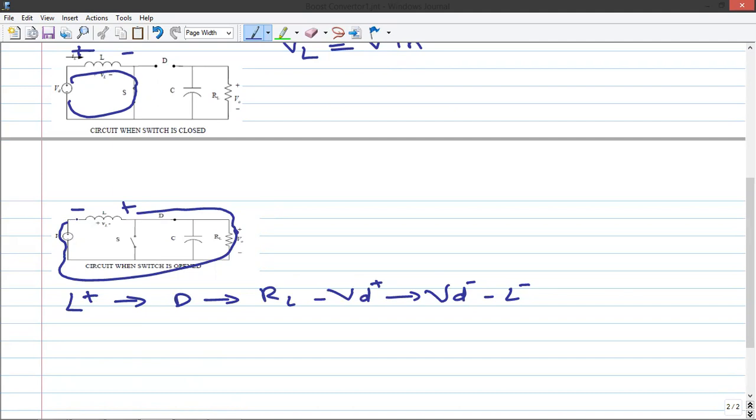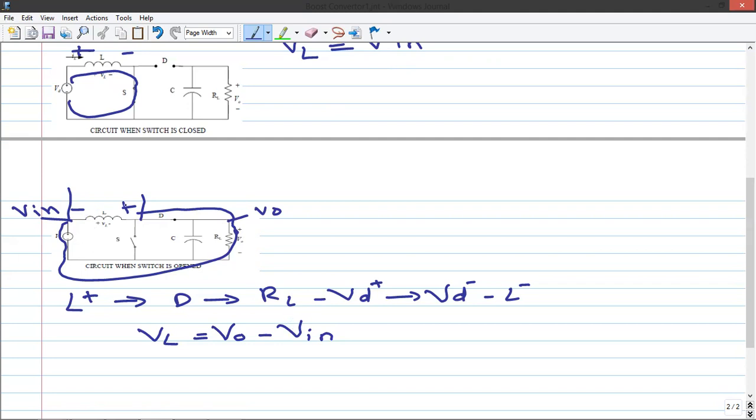The voltage across the inductor, VL, will be equal to, considering an ideal diode, V out on this end and V input on this end. So the voltage across the inductor is V out minus V input.